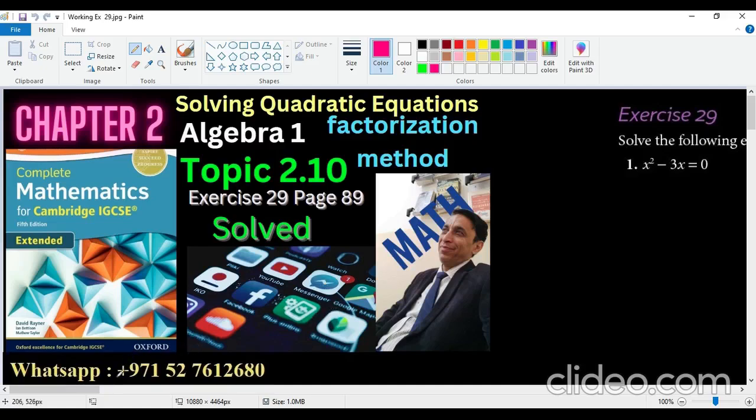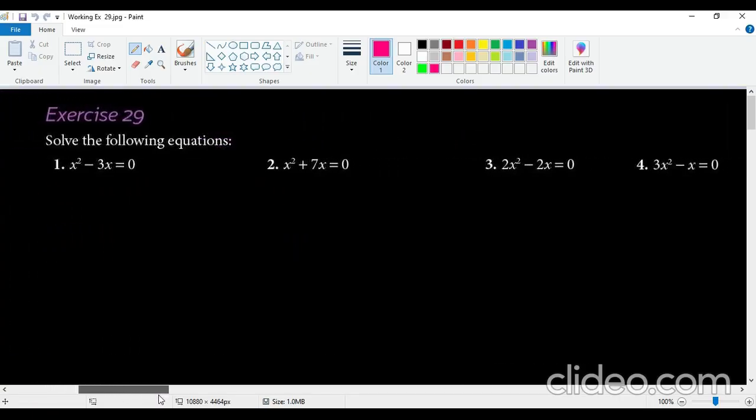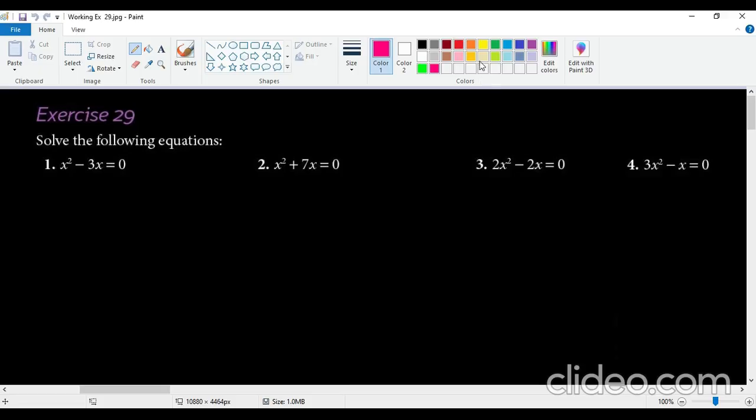These are a special kind of quadratic equation that we are going to solve here. In this kind of equation, you have x square minus 3x equals 0. The common factor that we can see here is x, so we write x and x minus 3.